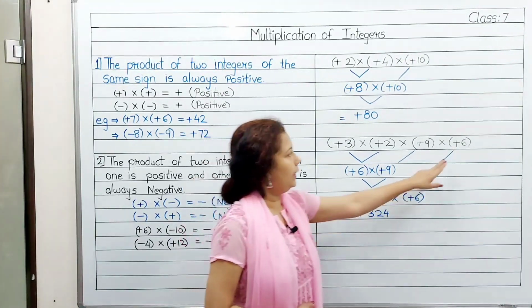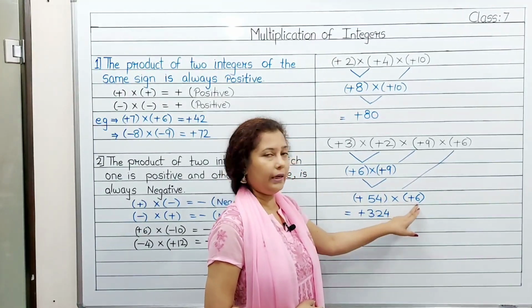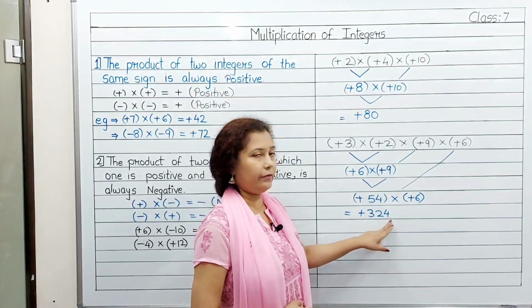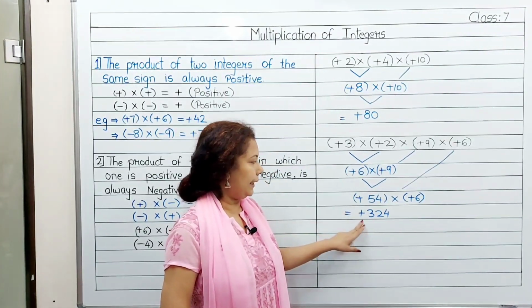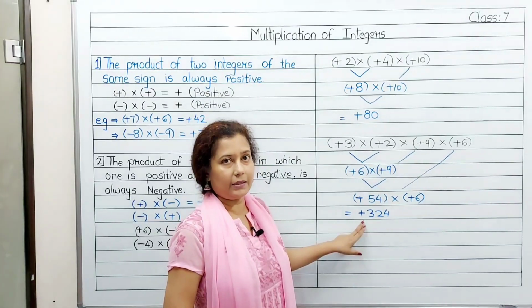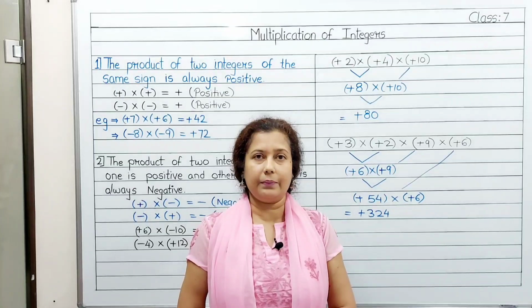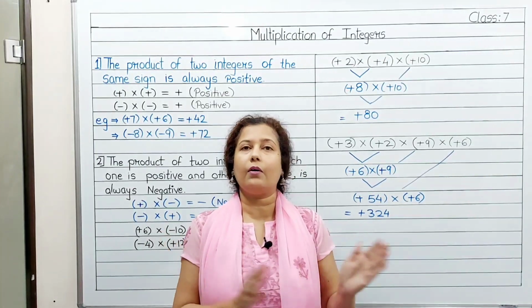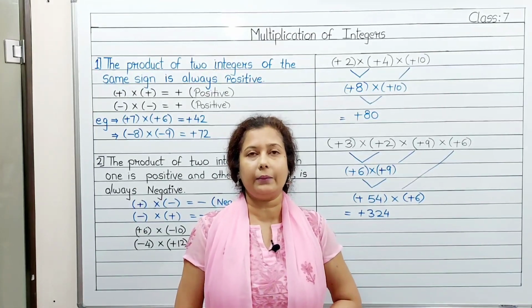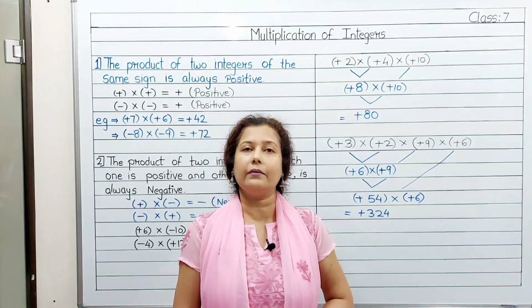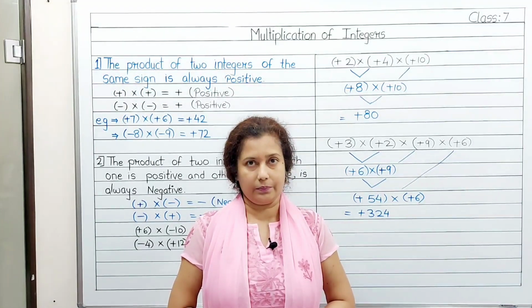Plus 54 into plus 6. So 54 into 6 is 324. Both the integers are positive, so we will get the product as positive. From this it is clear that when we multiply integers which are of same positive sign, it is like a normal multiplication of the numbers and we always get the product as a positive integer.